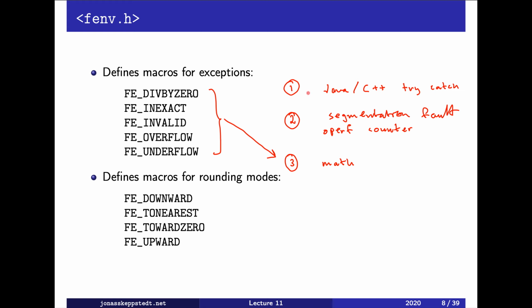First, we have a try-catch block in Java and C++ and other languages, which is only a concern for software. Then we have the hardware exception as part of a pipeline execution in the CPU, and the CPU determines it cannot handle the situation and needs help from the operating system.